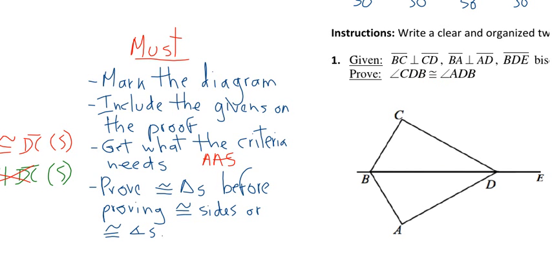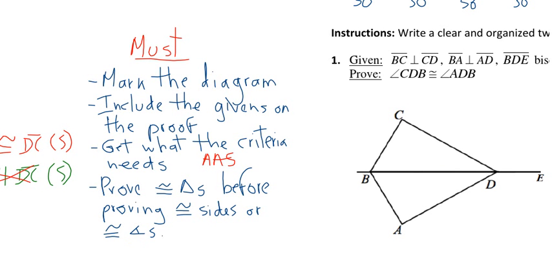There's no other way around. And then if you have the triangles congruent, then the pairs of corresponding sides and corresponding angles should be congruent automatically by CPCTC, which means that the corresponding parts of congruent triangles are congruent.